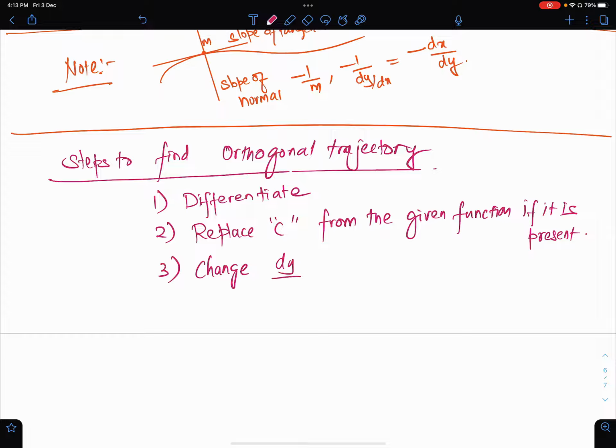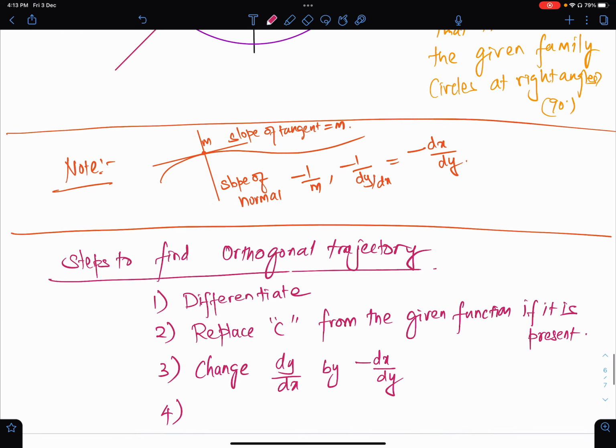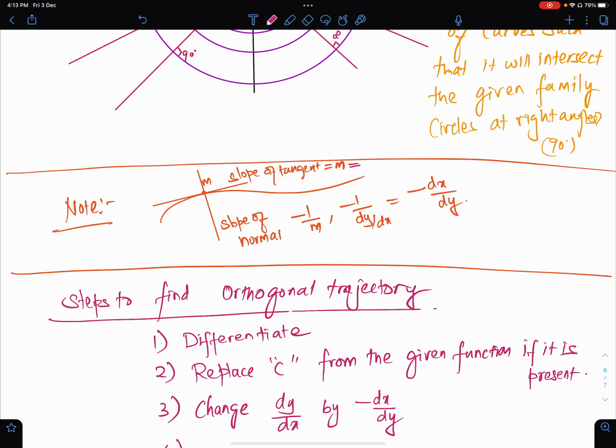Then after that, change dy by dx to minus dx by dy, because we are going to find another family of curves whose slope will be minus dx by dy. If the slope of the current curve is dy by dx, then the orthogonal trajectory slope must be minus dx by dy.